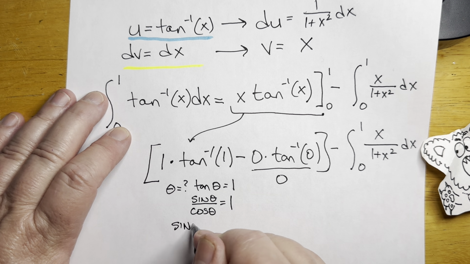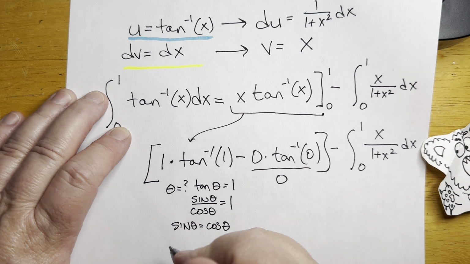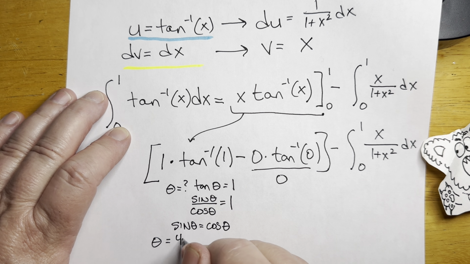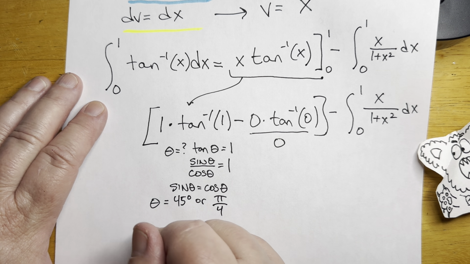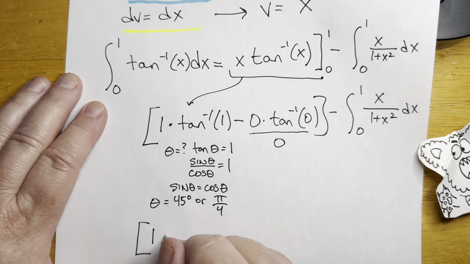When are sine and cosine equal? They're equal at pi over 4 or 45 degrees. Okay? You can also do that on your calculator. So this whole thing is going to be 1 times pi over 4.